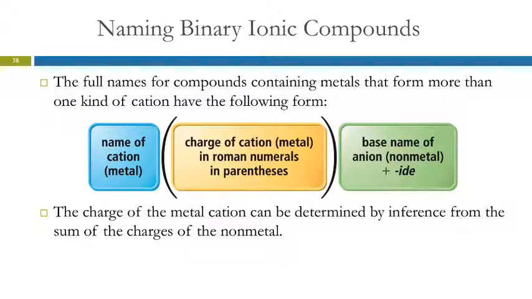It's groups 1A, 2A, 3A, zinc and silver, no Roman numeral. Every other metal ion should have a Roman numeral. So we write the element name followed by its charge in parentheses, written in Roman numerals, and then we have the nonmetal ion name. Okay, so just a quick refresher on Roman numerals.